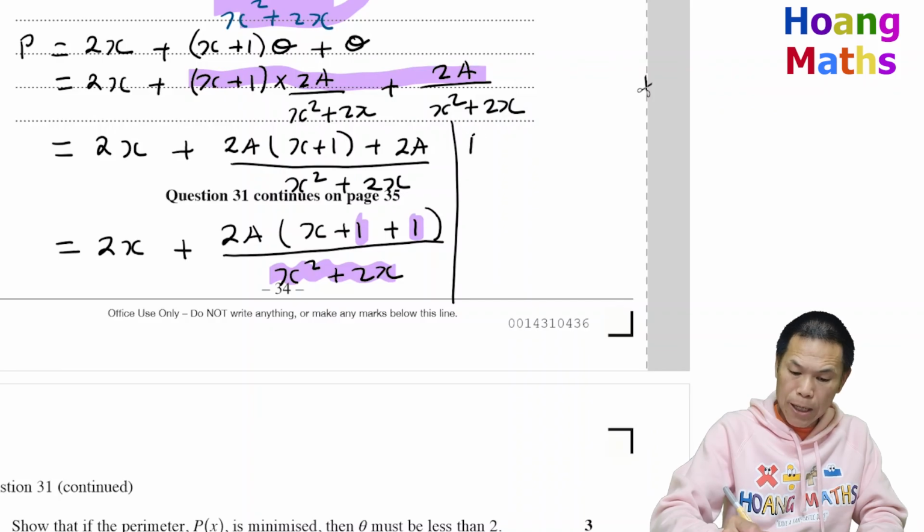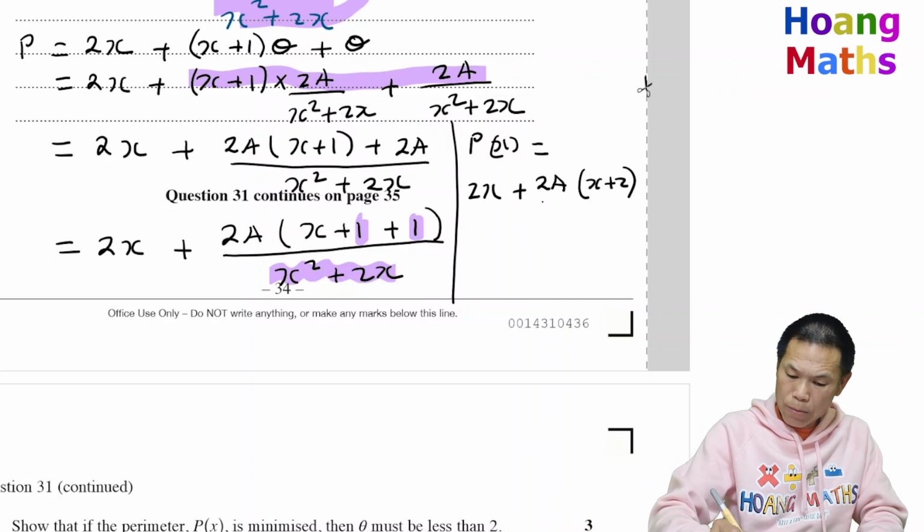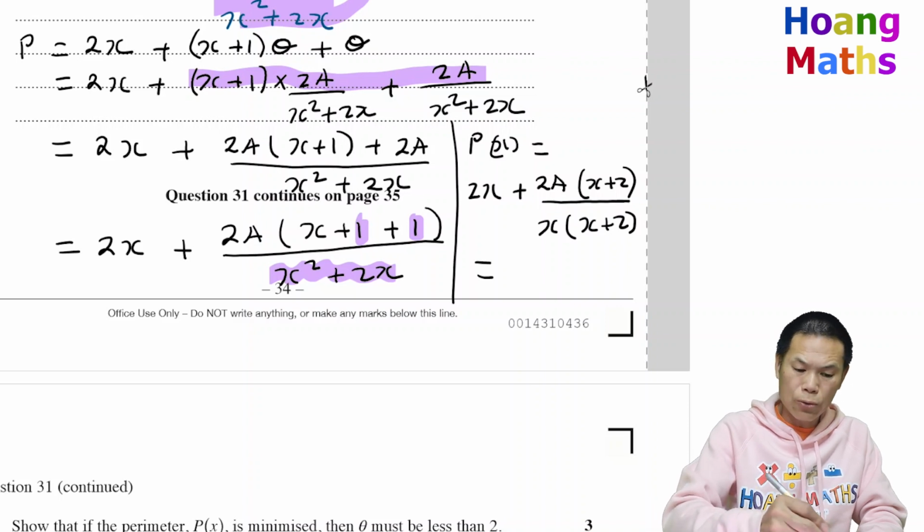So P of x is equal to, so I take 2x plus 2a over x plus 2 in brackets, and I take the x out, so x plus 2. So that is equal to, so these two cancel out.